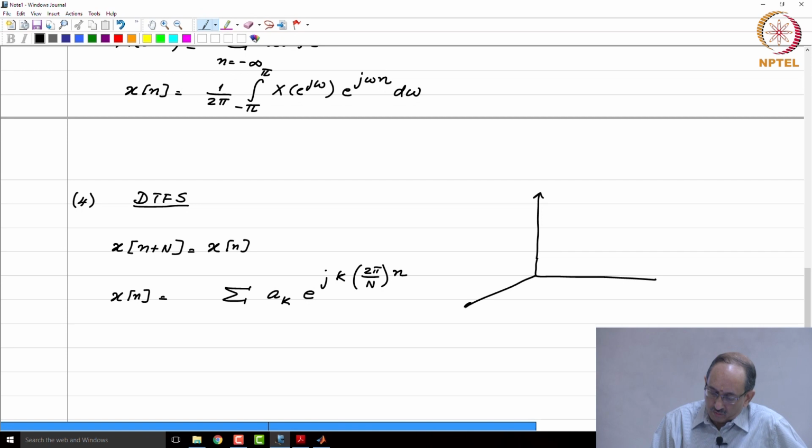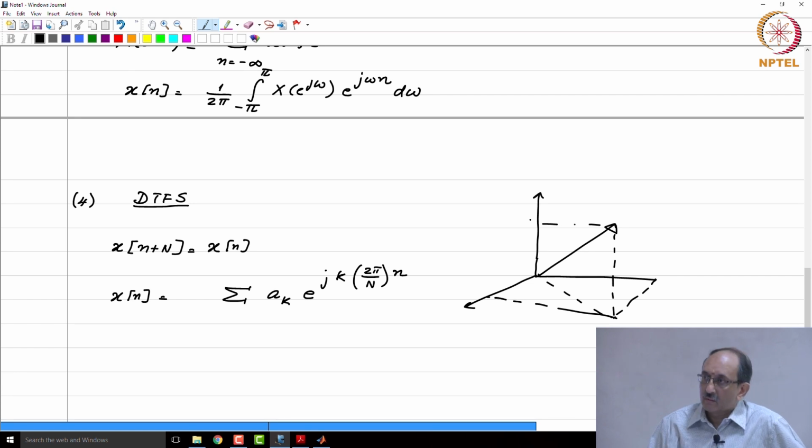You are taught, okay, I have a vector like this, and then I have projections like this: I project it onto the x axis, I project it onto the y axis, and I project this vector onto the z axis, and I get 3 coefficients.